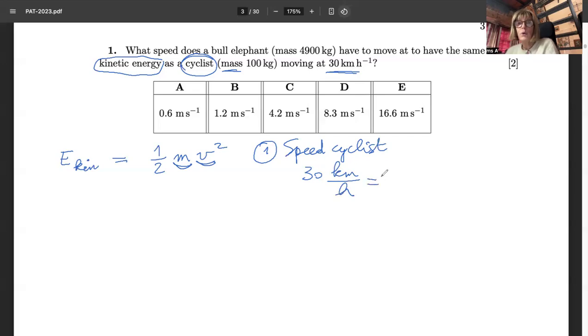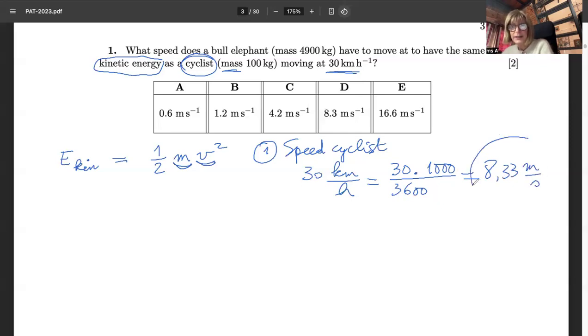Normally you know how to go from kilometers per hour to meters per second, but if you forgot, you take 30 multiplied by 1,000 meters, divided by how many seconds is an hour? It's 3,600 seconds. If we calculate, I found 8.33 meters per second. So this is the speed of the cyclist. Okay, so that we have.